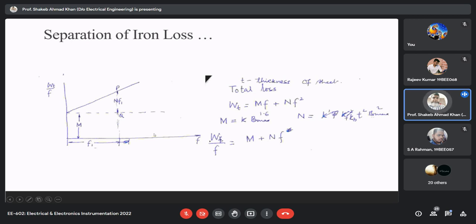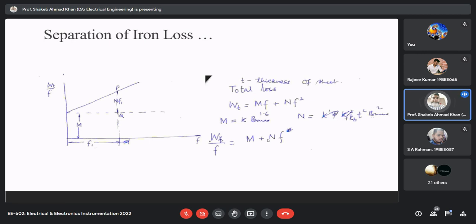If you correlate the graphical version of this equation with the mathematical equation itself, then M is basically the intercept of the straight line on the y-axis. This particular thing is M, and N is basically the slope of this straight line. You take any two points on the straight line and you can find the slope. Once you find M and N, then for a particular frequency you can find the hysteresis loss and the eddy current loss.